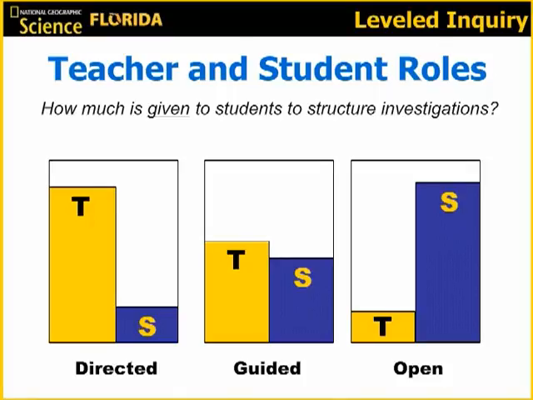An open inquiry transitions to a more student-centered approach. The 4 levels of inquiry are hierarchical. Students cannot be expected to successfully complete a guided activity without plenty of experience with exploration and directed inquiry activities.